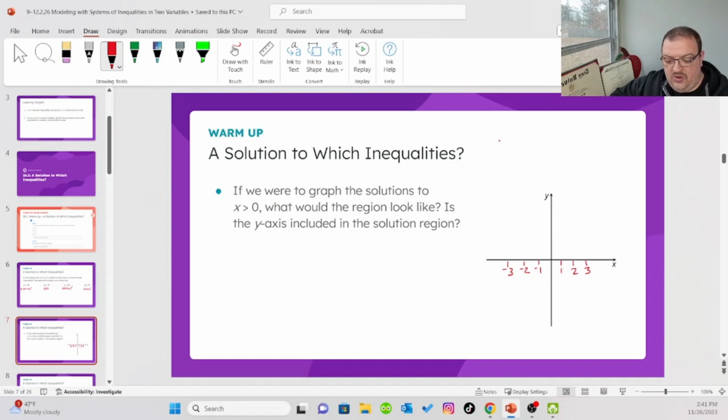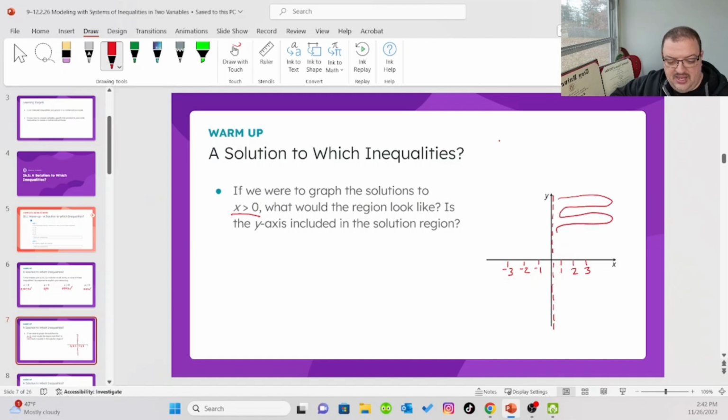So if I want numbers where x is greater than 0, I don't want to include x equals 0, which is the y-axis. So I would have a dashed line on the y-axis, and then I would end up shading everything to the right because I want numbers that are greater than 0.